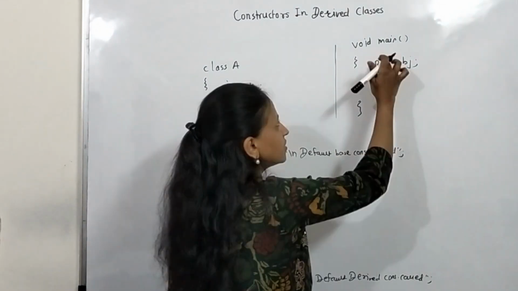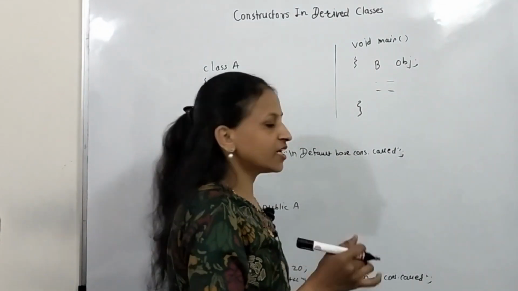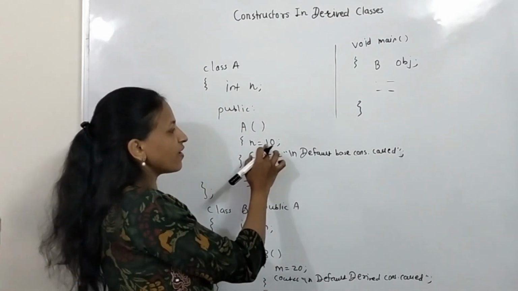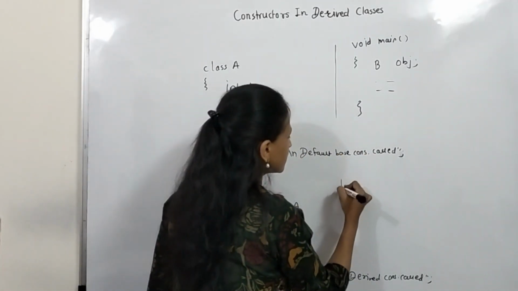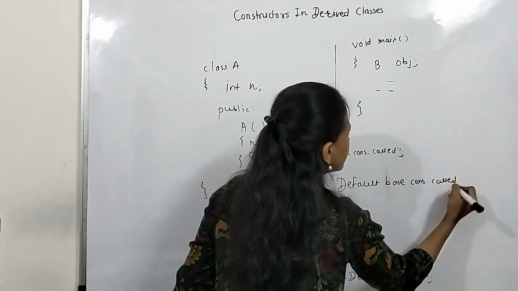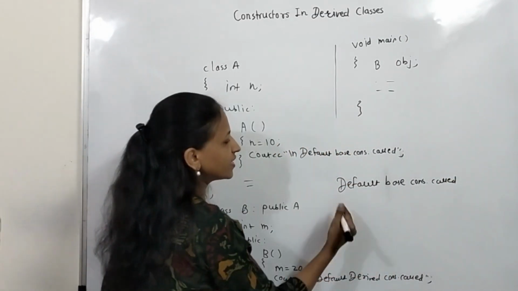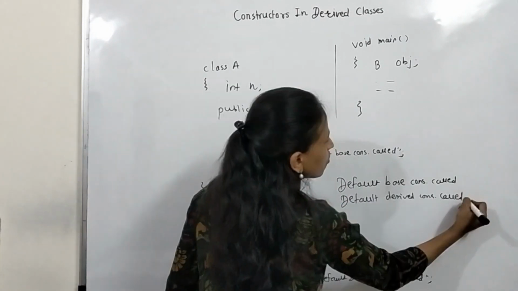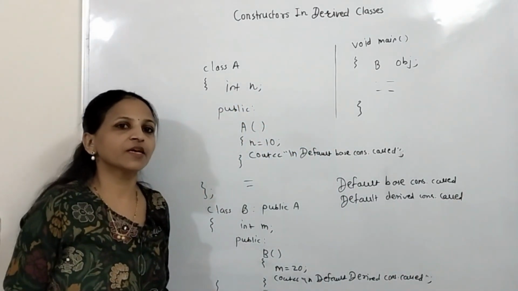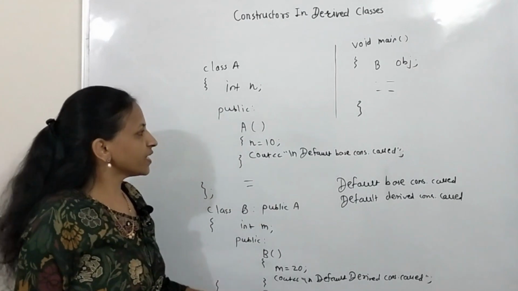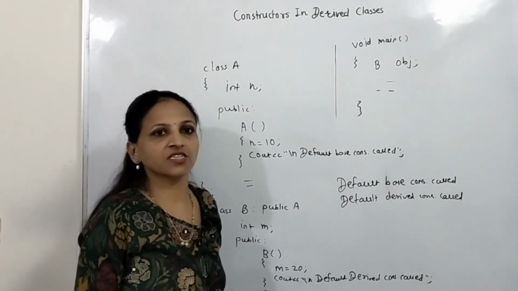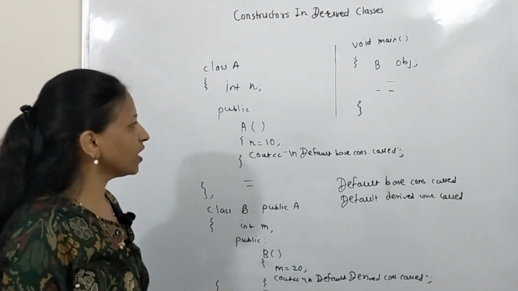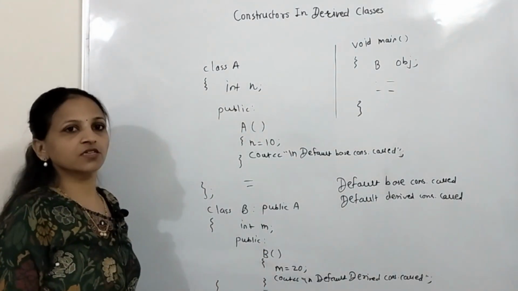Here you can call the display member functions of both the classes, no problem. Whenever this main gets executed, we will get output like the value of n will be 10, the message "default base constructor called", and then "default derived constructor called". This type of output you will get. The order of inheritance means the base class constructor is called first and then the derived class constructor. This is the overall inheritance and constructor concept.